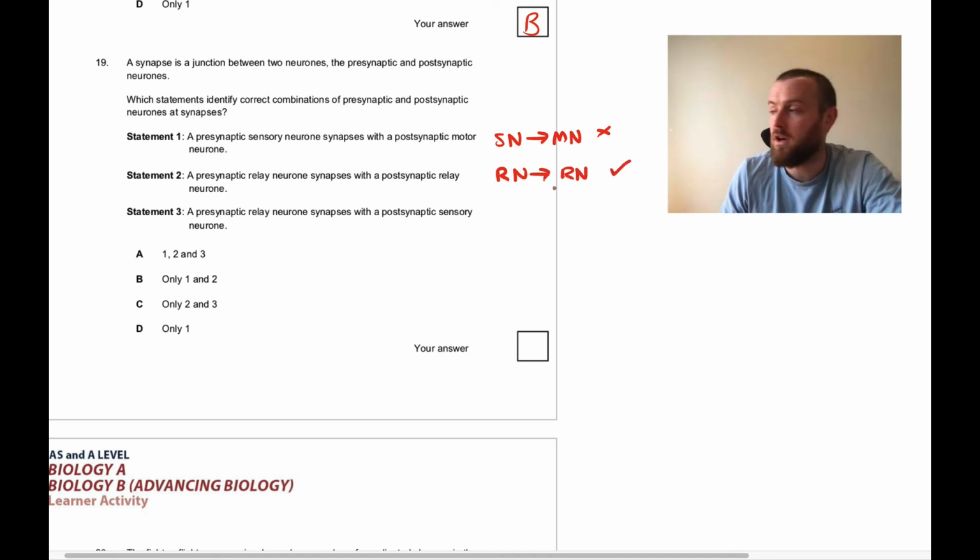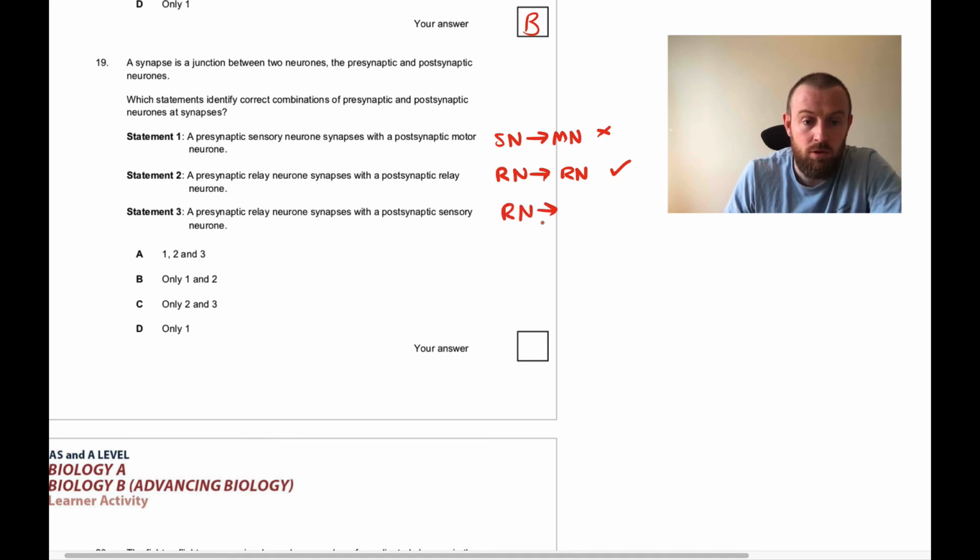Relay neurons are found in the CNS. So in your brain, you have multiple relay neurons all talking to each other. And statement 3, a presynaptic relay neuron, can it talk to a sensory neuron?